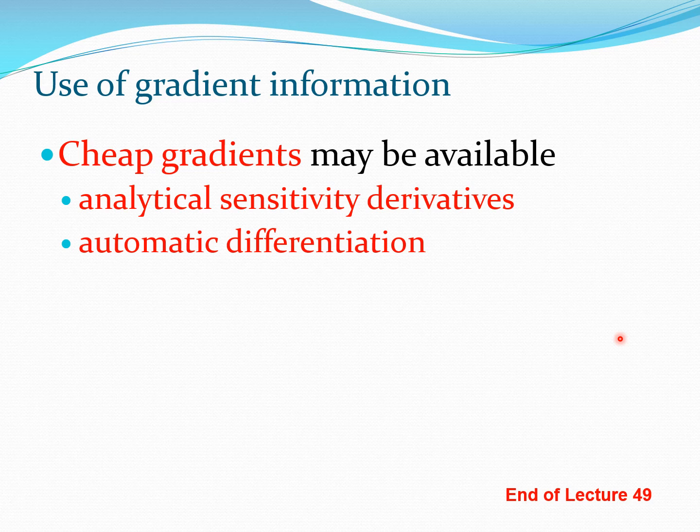Also, we have discussed the technique of AD, which is used, and some codes may be there such as Tapenade, which can lead you to calculate cheap gradients. And in all those cases you could develop response surfaces which have been made better by the use of gradient information.